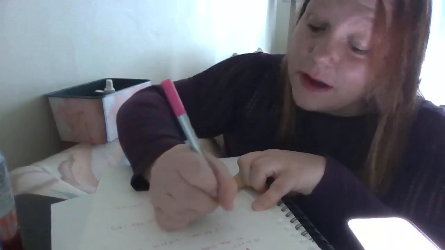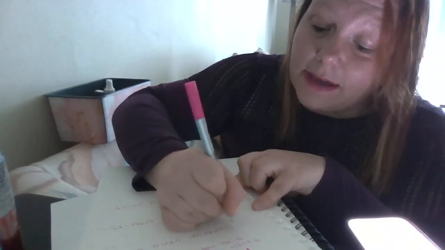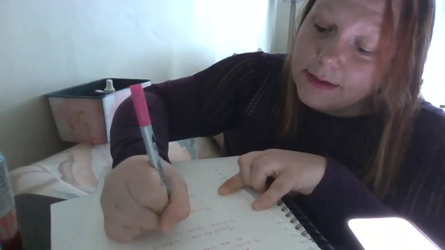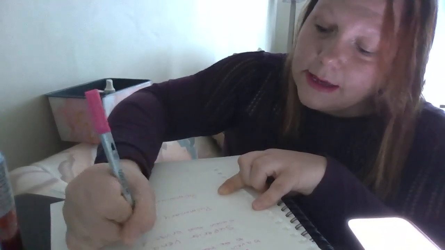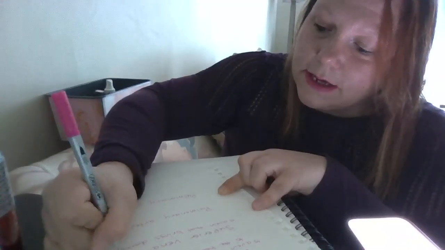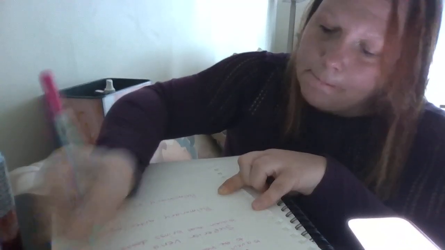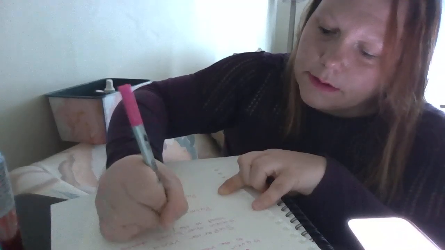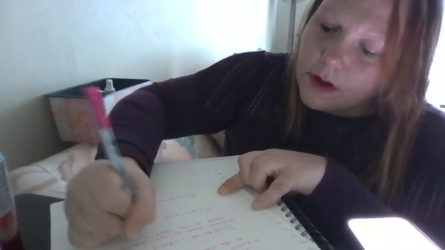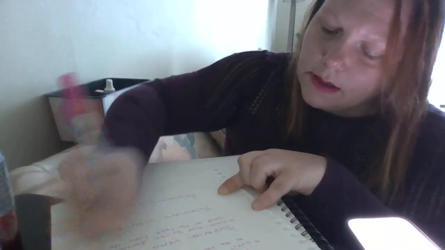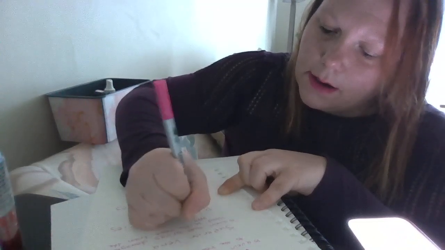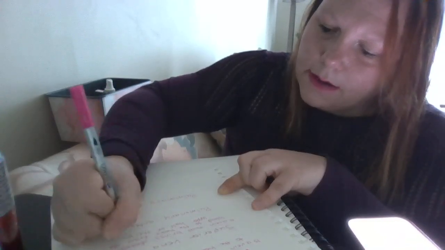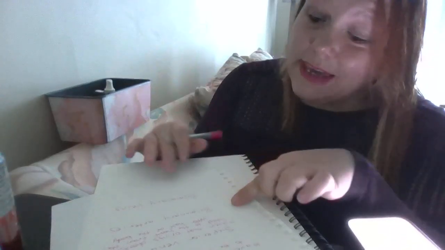So the superior vena cava is a vein that brings deoxygenated blood to the heart from the upper half of the body. Sweet. All right.